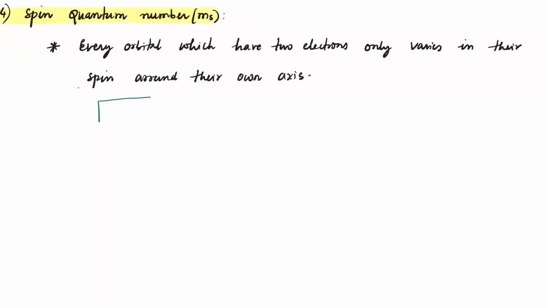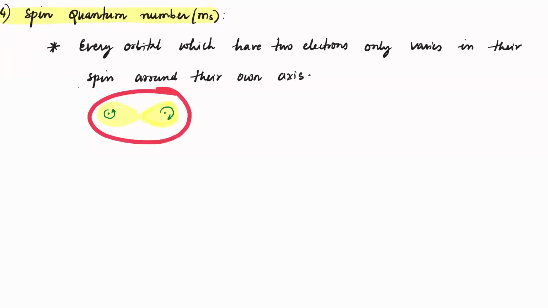Imagine there is an orbital here. An orbital is like some space or a shape. Suppose this kind of shape is made by an electron cloud. This cloud often suggests that an electron present inside is either moving clockwise or anti-clockwise in the respective lobes.